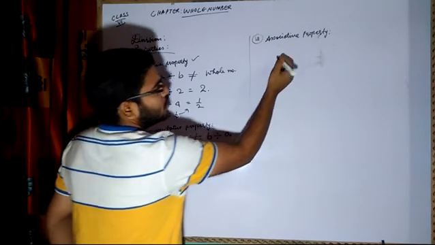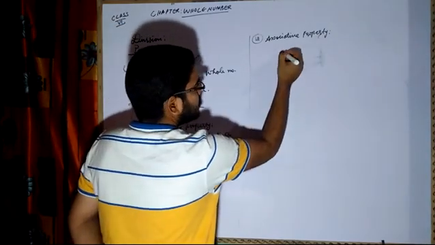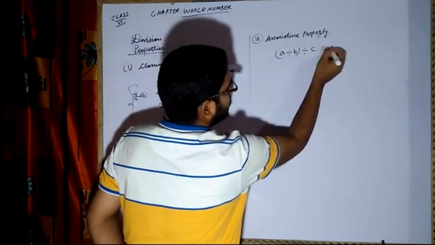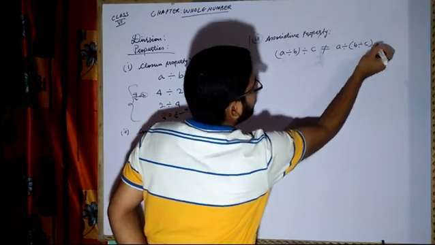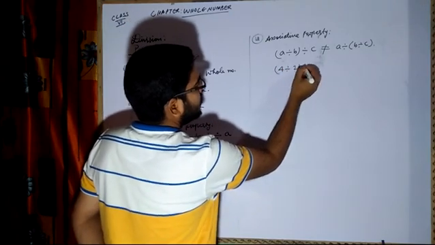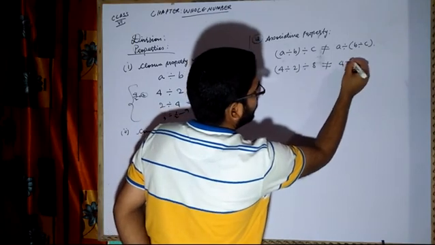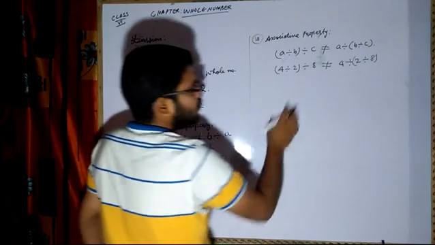Let us take an example. a divided by b divided by c is not equal to a divided by b divided by c, with the grouping changed. Take the example 4 divided by 2 divided by 8. Now let's check both the sides.